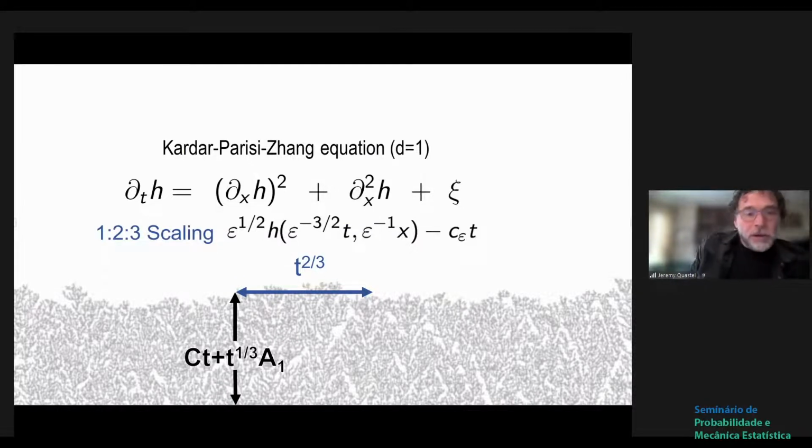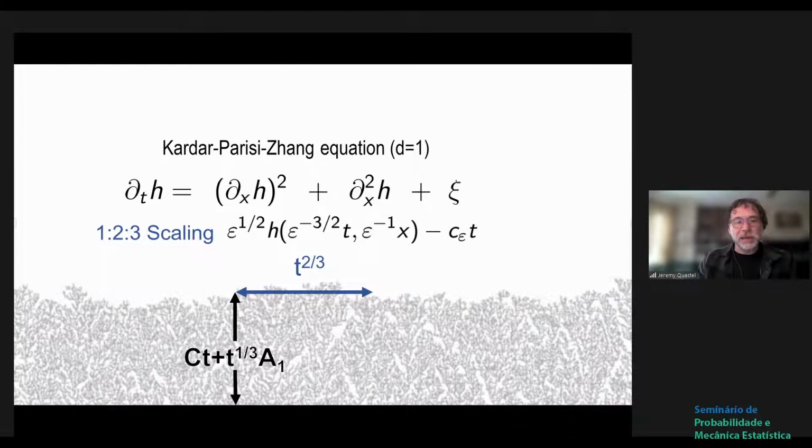Now, that's equivalent to just saying that what I should really do is a rescaling. So zoom this whole thing out to see very, very large space and time scales. And the right scales to see the super interesting stuff is the 1, 2, 3 scaling. The 1, 2, 3 is because the height here is being scaled by epsilon^(1/2), that's the 1.